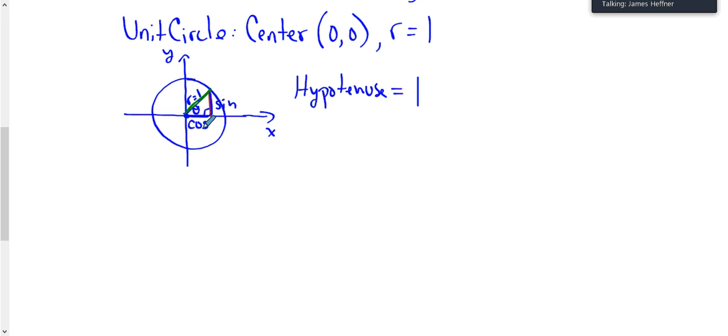Now you could imagine if we open up that angle theta and spin it around the circle, we could have this right triangle located anywhere in the coordinate plane at any particular angle, like 135 degrees, and then a reference angle. So let's say my angle opened up out to here.